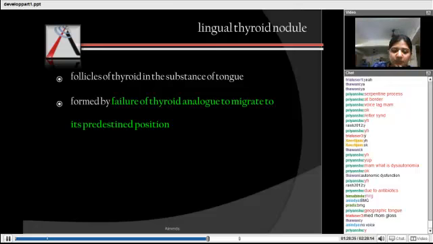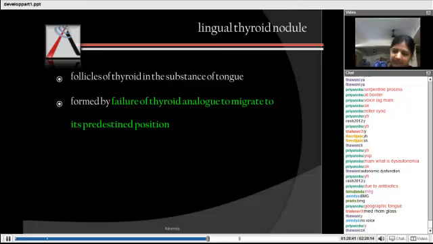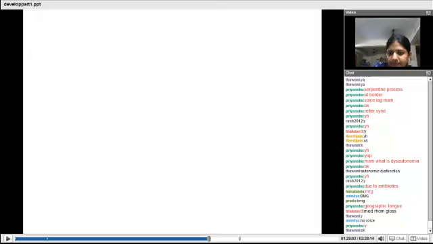And when this thyroid gland fails to migrate from the position near the tongue to its original position, you have a part of the nodule retained behind near the tongue. That's called the lingual thyroid nodule, where some amount of follicles of the thyroid will be found in the tongue, and this is because of the failure of the thyroid to migrate down. That's lingual thyroid nodule.